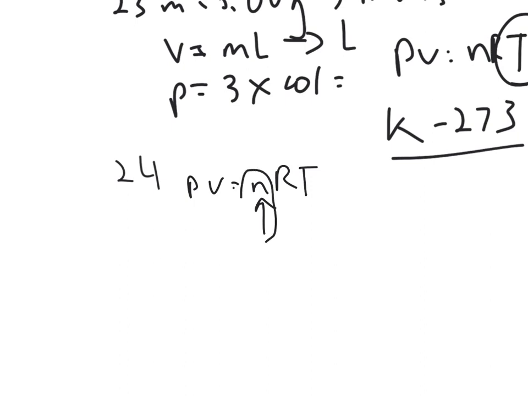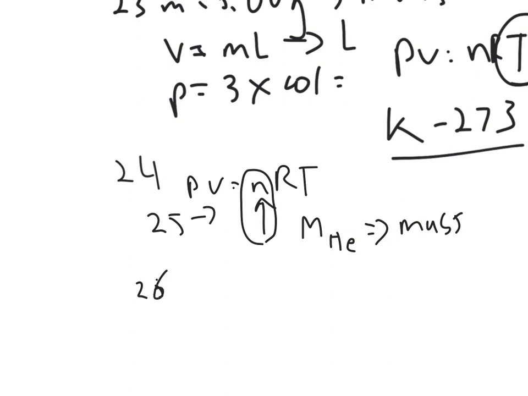So you're going to find the moles, and then you're going to use the molar mass of helium to find out your mass. And the last one, that's not 24, that is 25. Then the next one, the last one, 26.